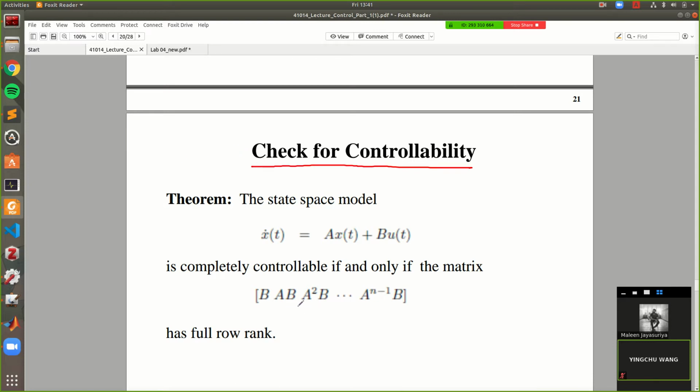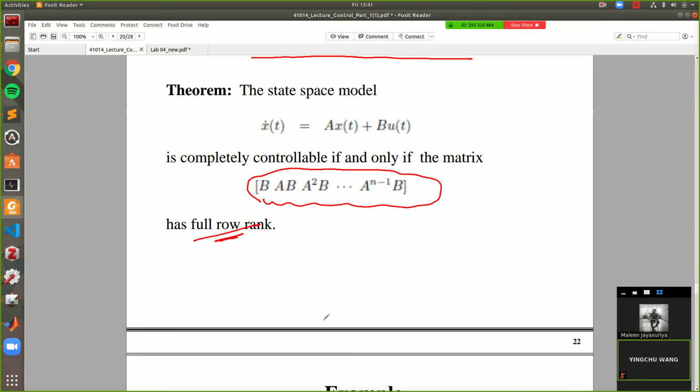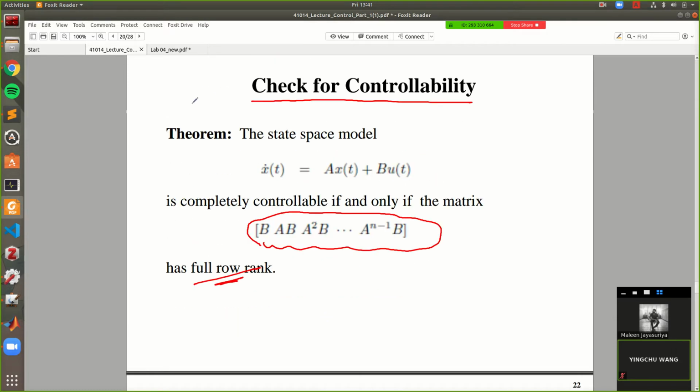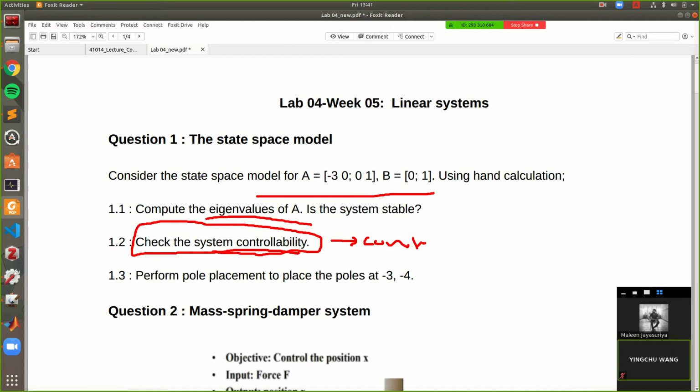Controllability is basically this matrix. You need to create this matrix and check its rank: B, AB, A squared B, up to A to the power n minus 1 times B. In the case of this example, the controllability matrix is A into B.